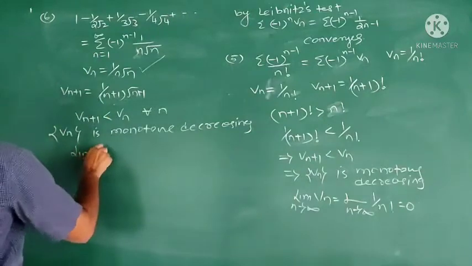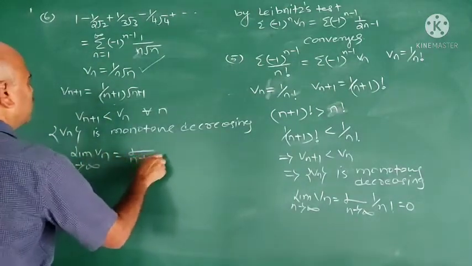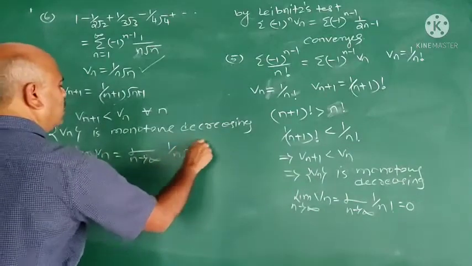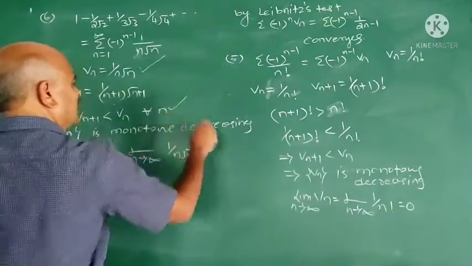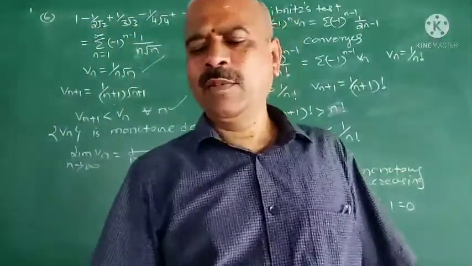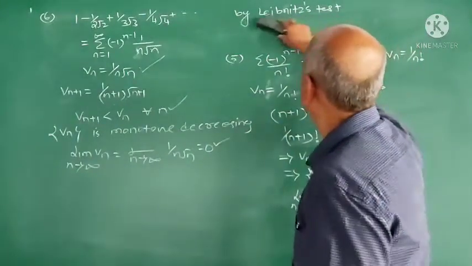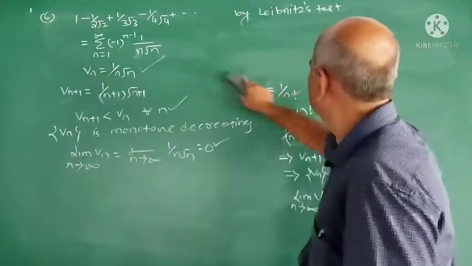Take limit Vn, n tends to infinity is, limit n tends to infinity of 1 upon n root n is 0. So both the conditions are satisfied here. Monotone decreasing, limit also tends to 0. Therefore, by Leibniz test, given series converges.